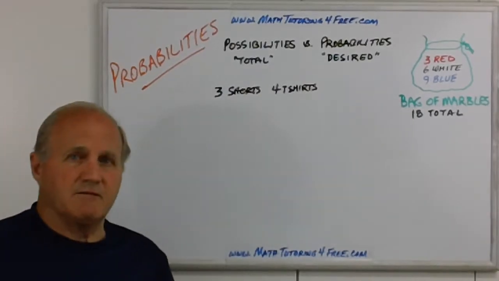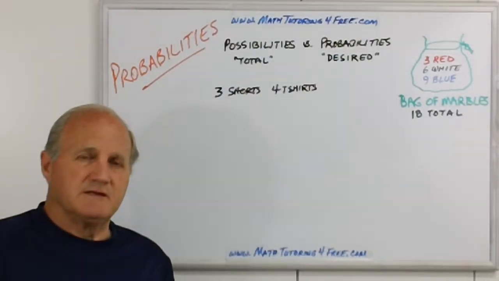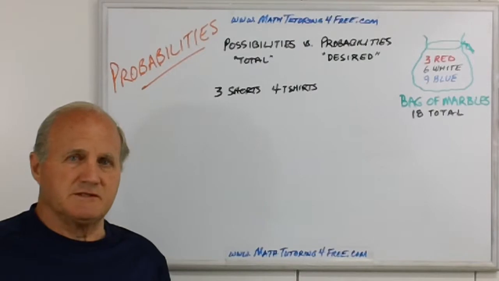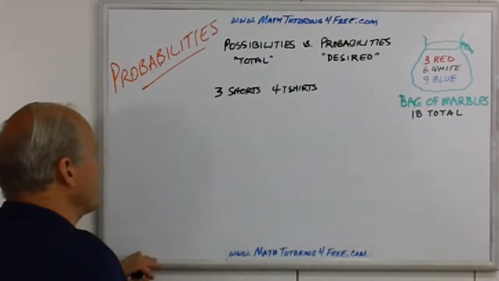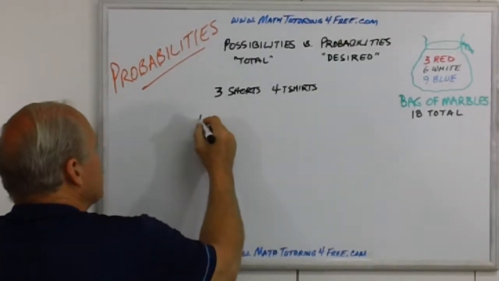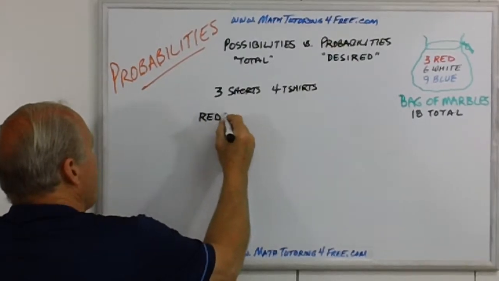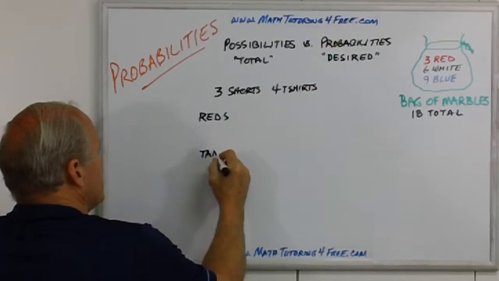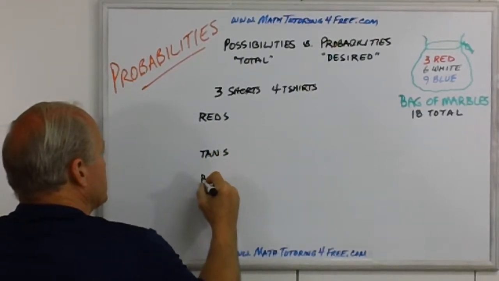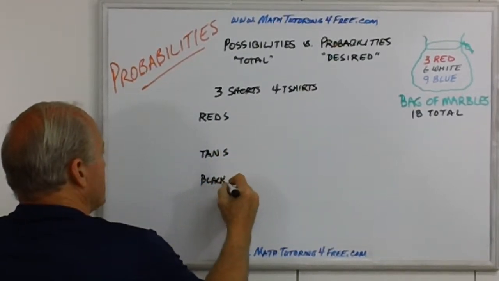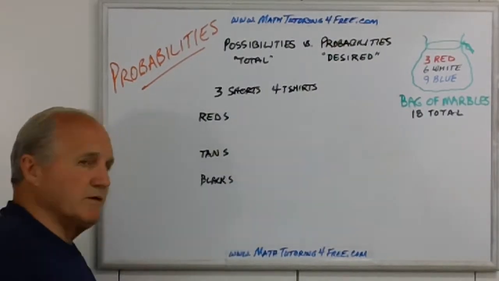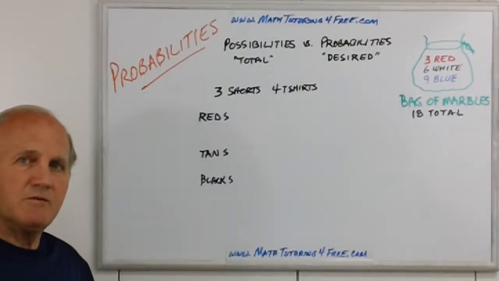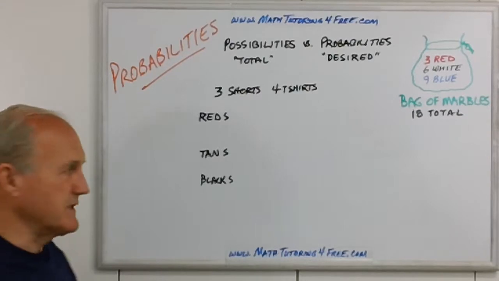One way of looking at it, we could graph it in what I call a tree of possibilities. If we think about it, we've got red shorts, tan shorts, and black shorts. Now with each of these, we could wear one of 4 different shirts, can't we?